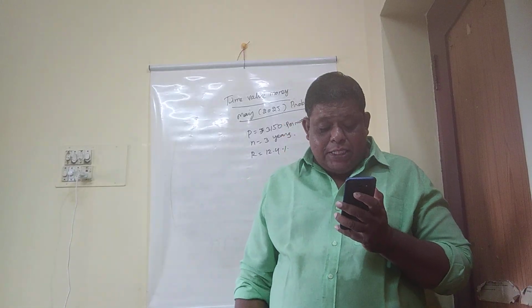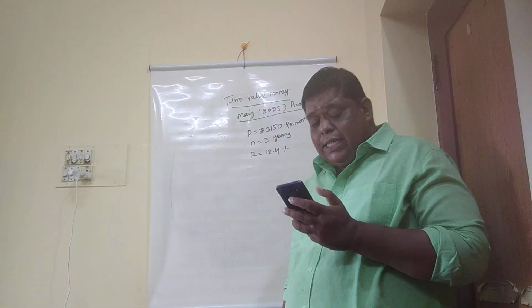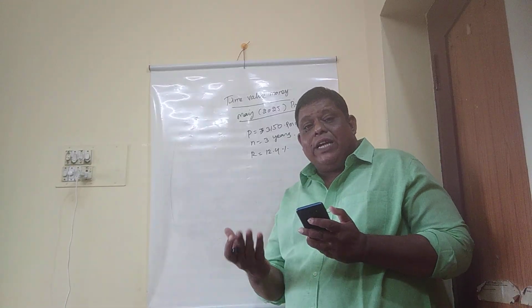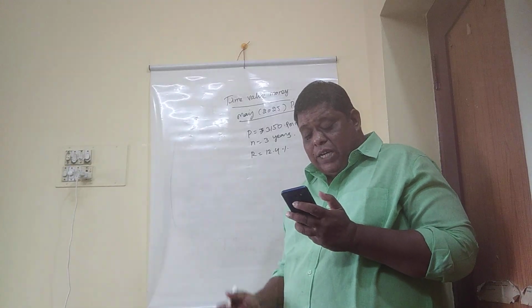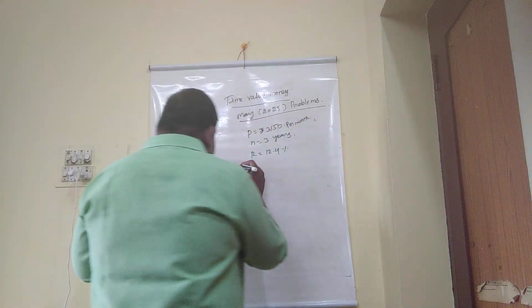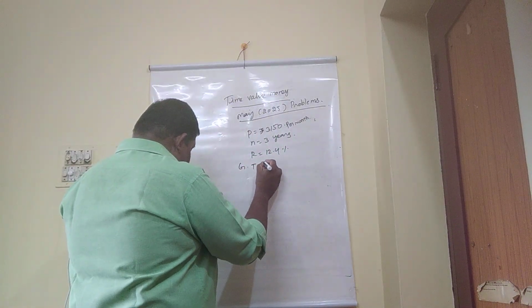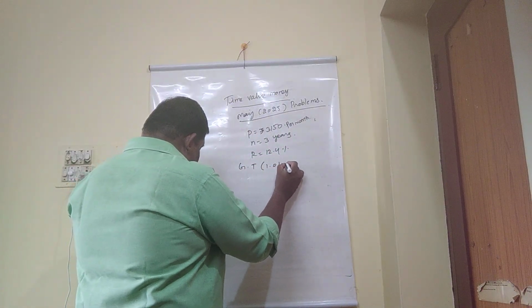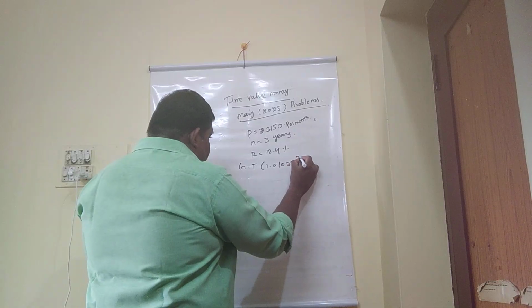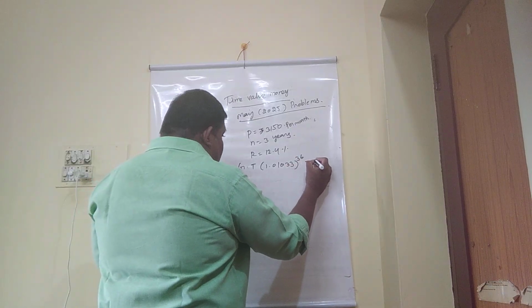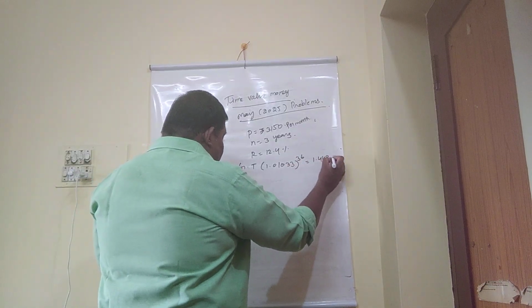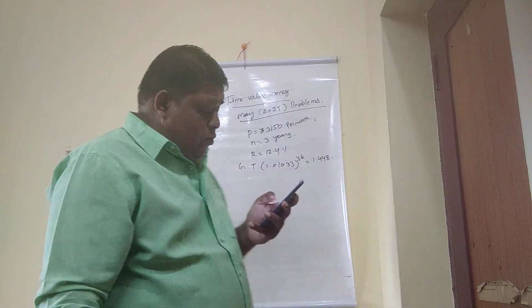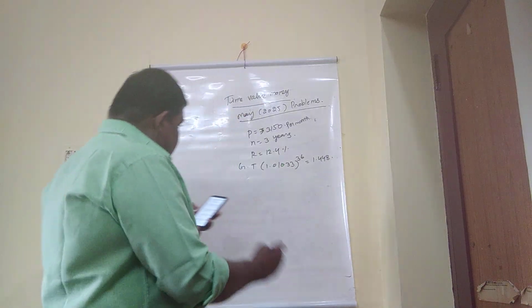What was the approximate amount of loan taken initially? That is, what is the present value? It is given that 1.01033 to the power 36 is equal to 1.448.